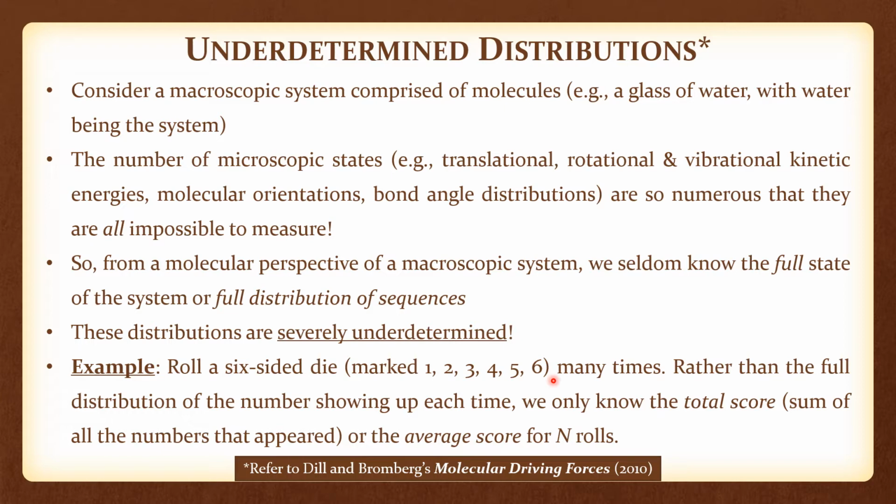Rather than knowing the full distribution after n rolls, suppose you rolled it 100 times, rather than knowing all the 100 outcomes, we either know the total score, the sum of all the numbers over 100 rolls, or we know the average score. Basically, you divide the total score by n, by 100, so you will get the average score. So this is a severely underdetermined system. We don't know the entire details.